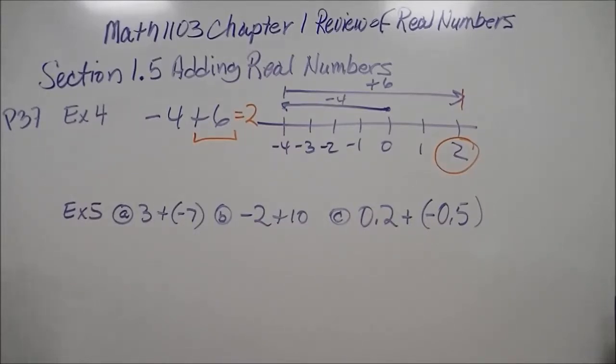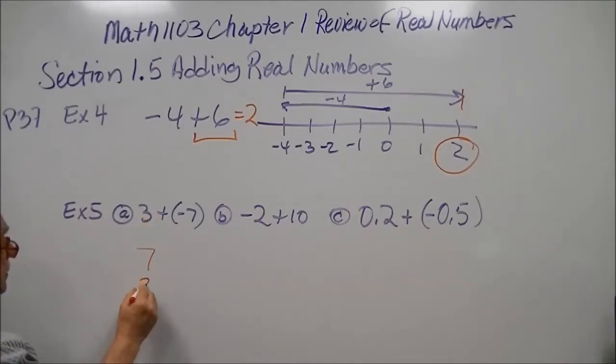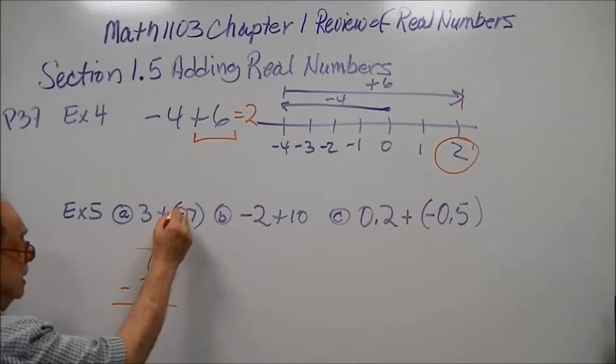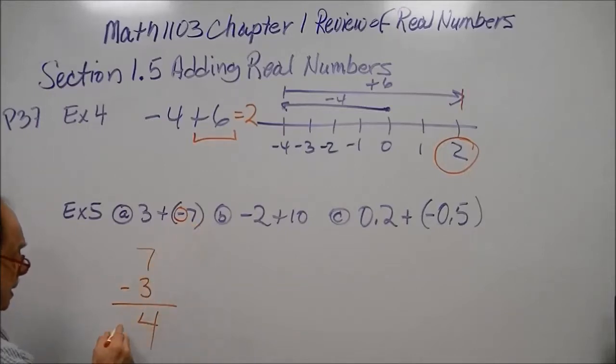And the strategy is take the larger absolute value, which is a 7, then subtract the smaller absolute value, which is a 3, and that gives you a 4. But now you apply the sign of the larger absolute value, which in this case is a negative. So this is a -4.